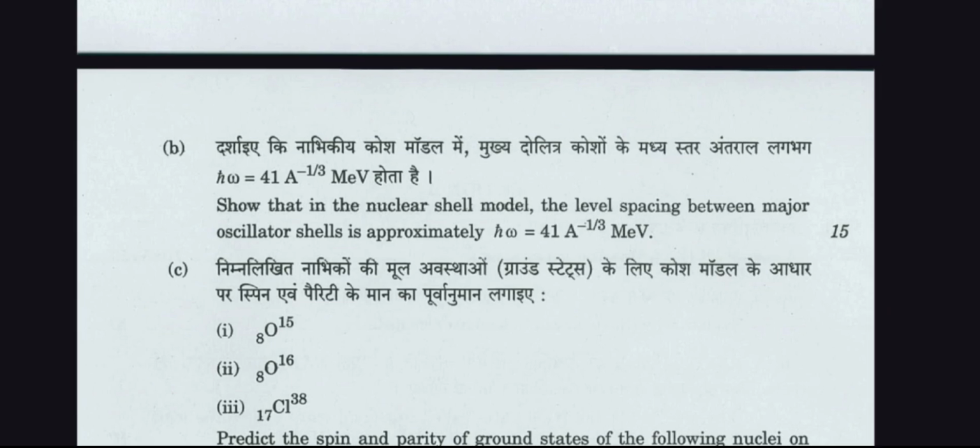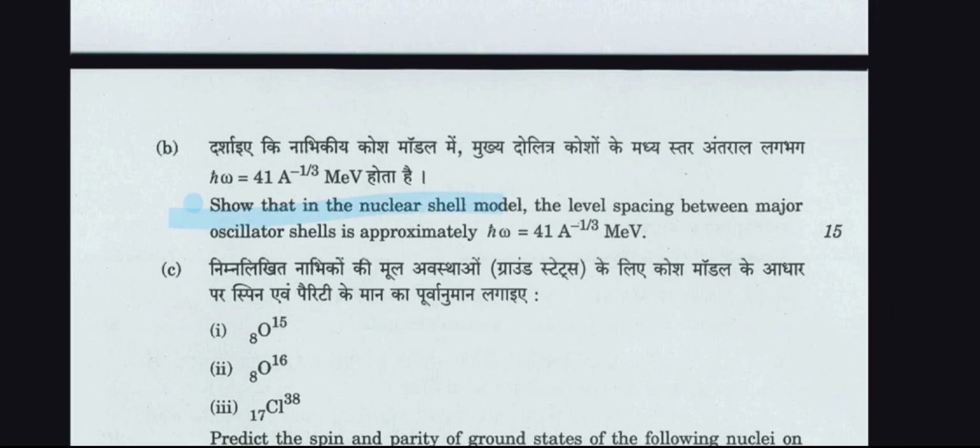And the next question is here. In the nuclear shell model, the level spacing between major oscillator shells is approximately h-bar omega equal to 41 A to the power minus 1 by 3 mega electron volts. Question C is here.